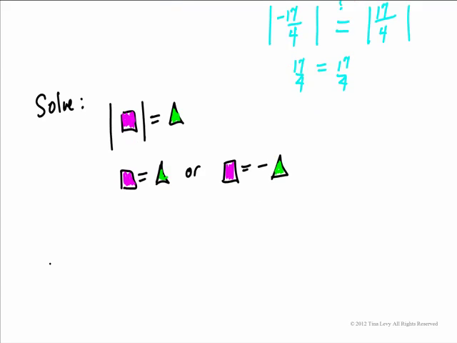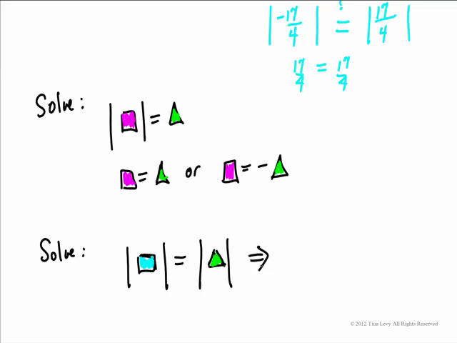Now looking at the other example, if I said solve absolute value of box equals absolute value of triangle. Now if you have absolute value of an expression equals absolute value of another expression, let's see what the two equations you're going to set up.